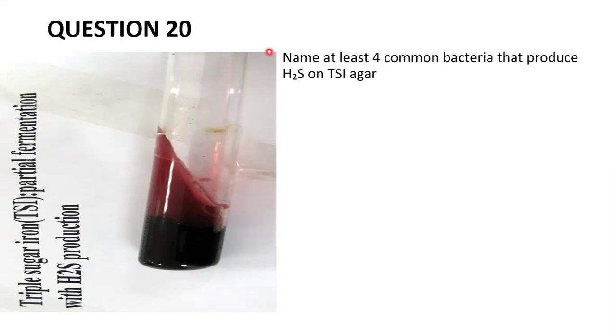Then question mark on the butt, gas, and H2S. With gas, yes, gas is also there. You can see that from this bubble. Now, as we observed yesterday, if the bacteria is a fermenter of lactose, glucose, and sucrose, what will be the color of the butt?